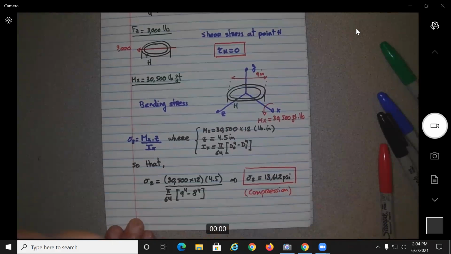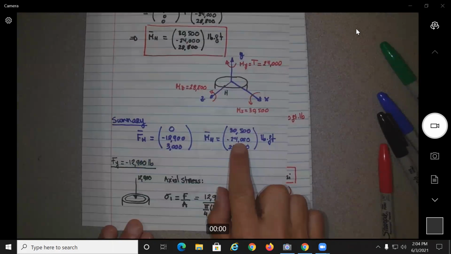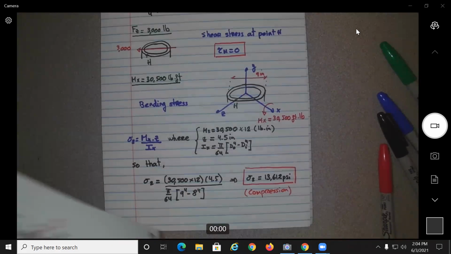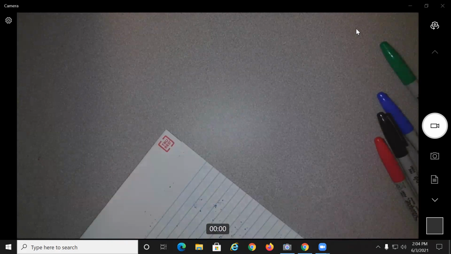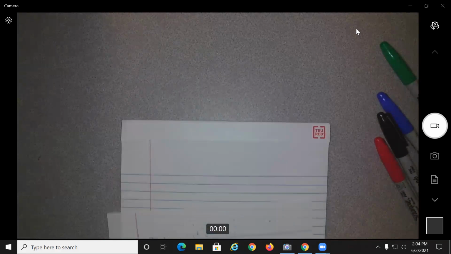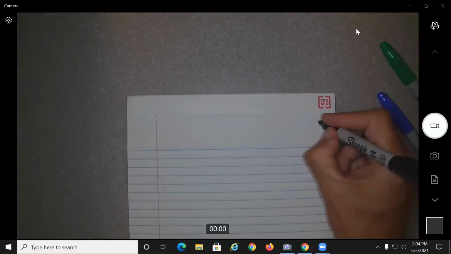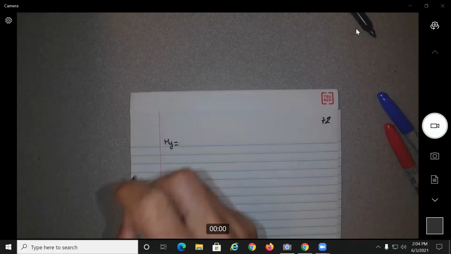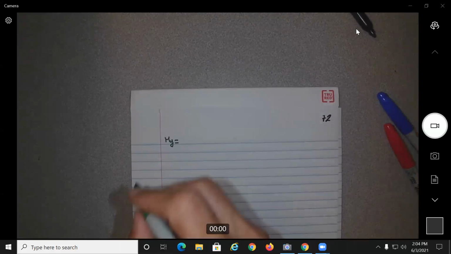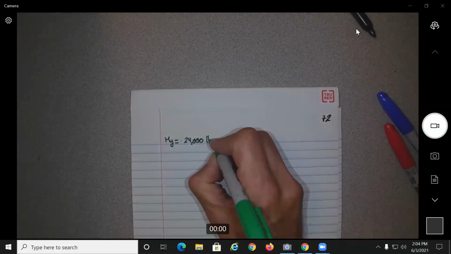All right, what else do we have for loads? Well, we need to look at My, but let's see what's going to happen with My. So My is equal to minus 24,000 pounds per foot.